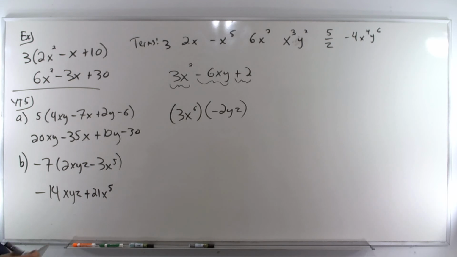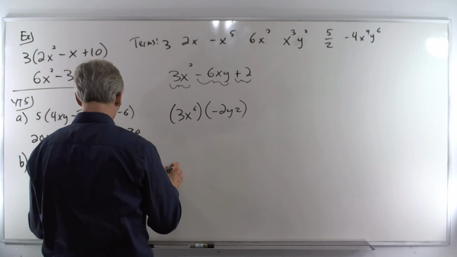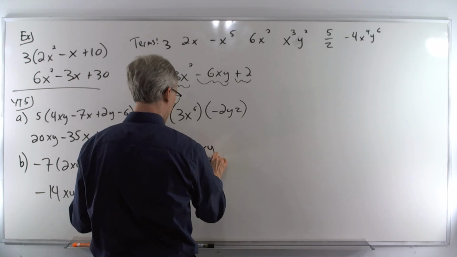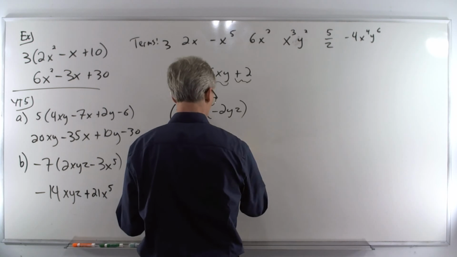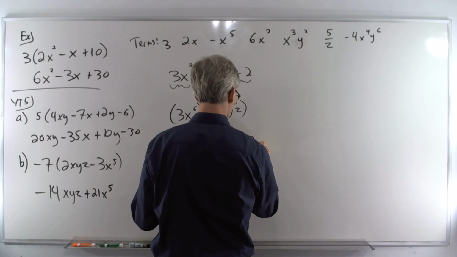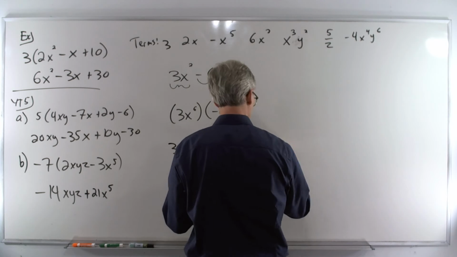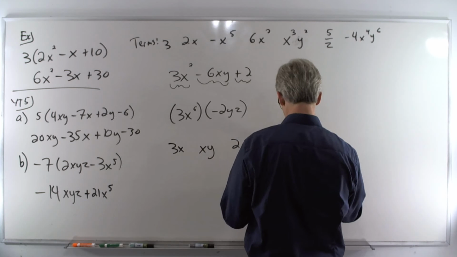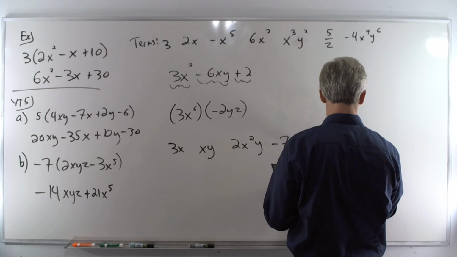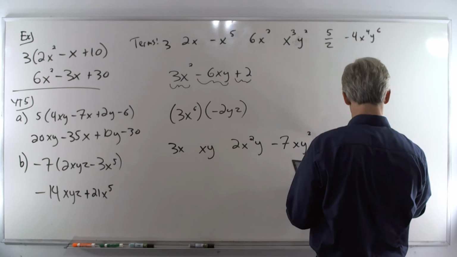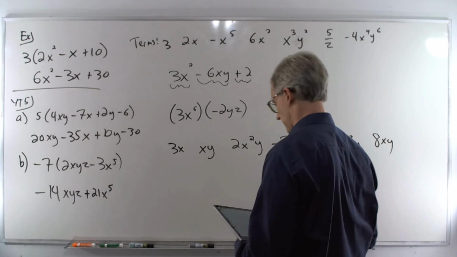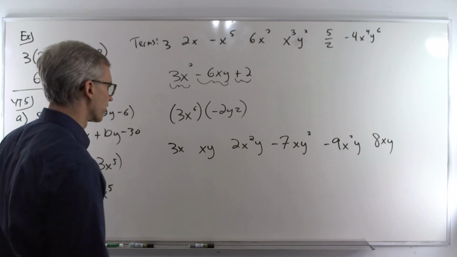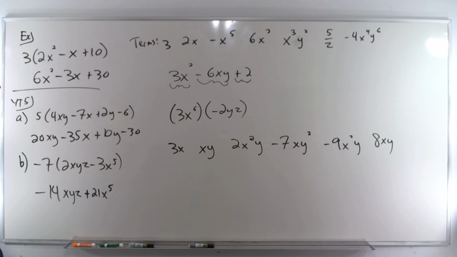Now we're going to need to identify what are called like terms. Like terms are terms with exactly the same variable part. The coefficient doesn't matter. We're just looking at the variable part. So here's an example, bunch of terms here, and we're going to find the pairs of like terms.